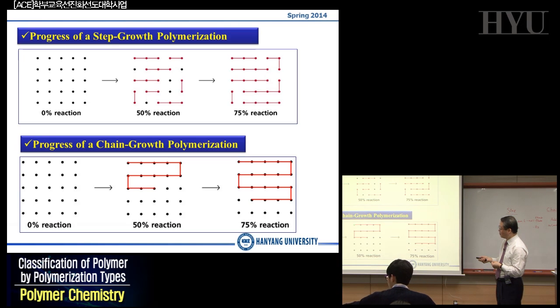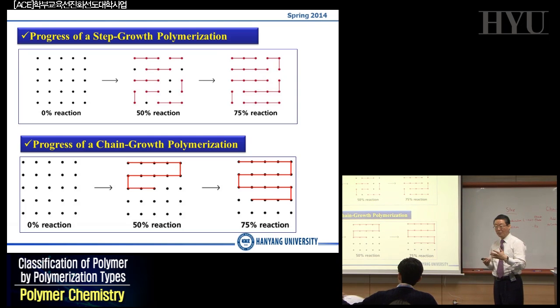So one monomer starts to proceed the reaction to the next monomer and next monomer. Starting from 25 monomers, let's say we have 13 molecules here. So by just counting the number of molecules, we have the same 50% reaction proceeded, but the reaction procedure is quite different.